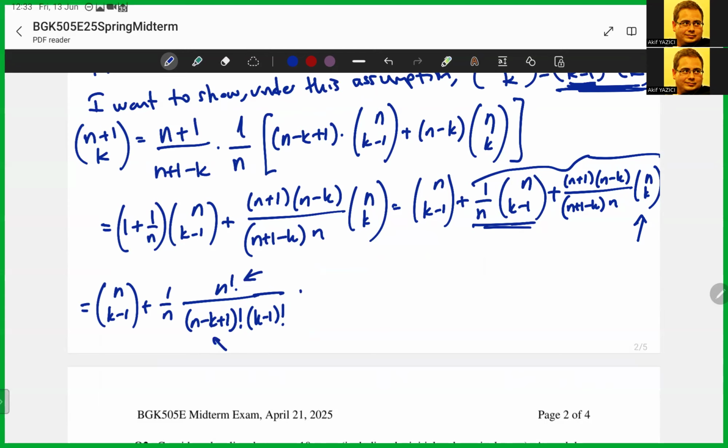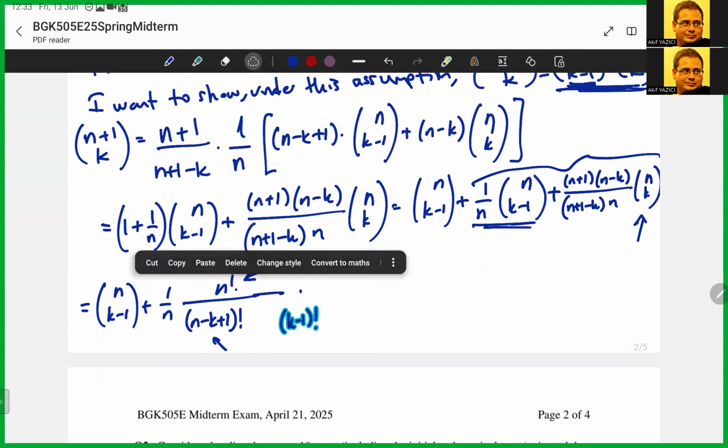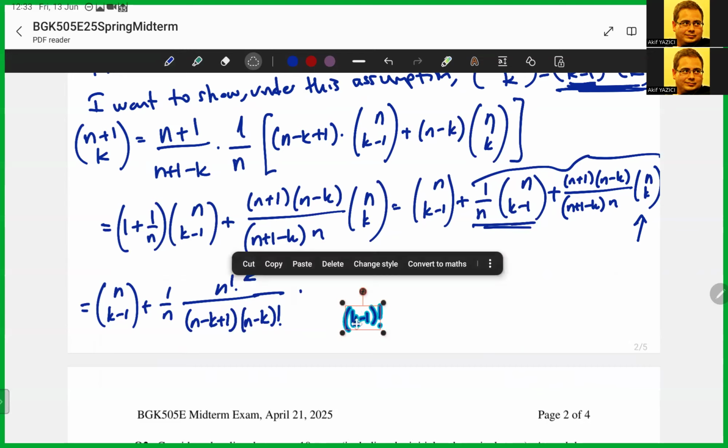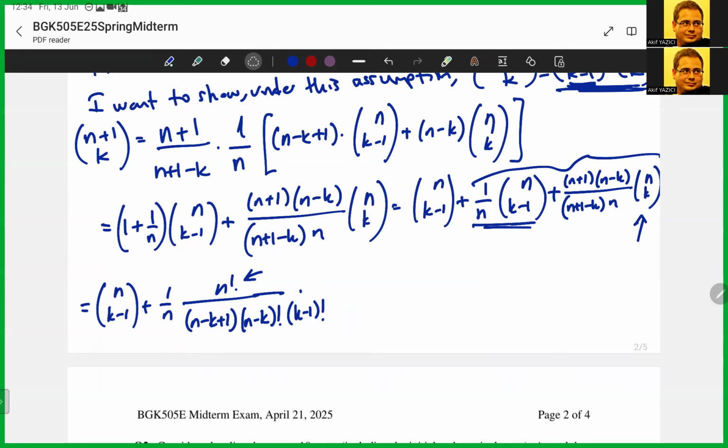Here I want n minus k, so instead of this, I can write n minus k plus 1 factorial, so n minus k plus 1 times n minus k factorial. And this k minus 1 factorial is going to become k minus 1 factorial times k, and let me put that k also here.